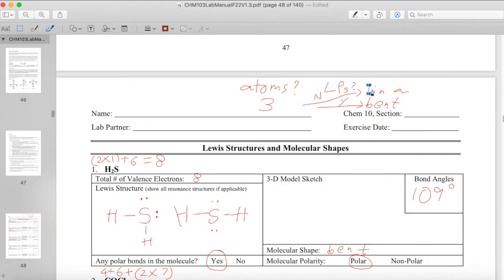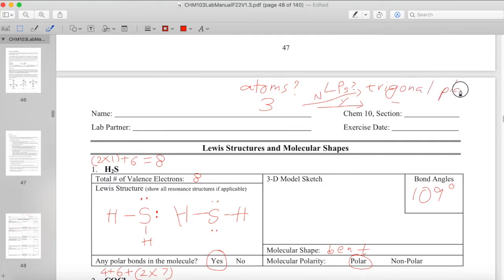If you have no lone pairs around your central atom, those 3 atoms are going to be spread out as much as they can, right? And what happens is they basically form what's called a trigonal planar molecule.